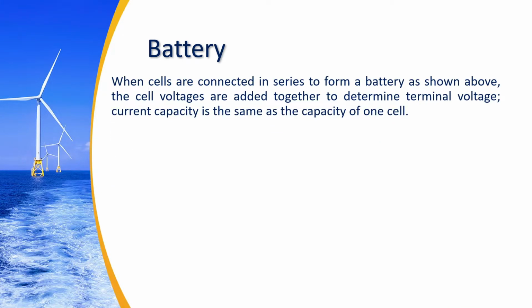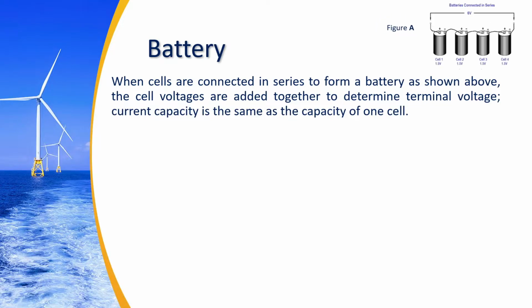So, when cells are connected in series to form a battery as shown above, the cell voltages are added together to determine terminal voltage. So, yung current capacity is the same as the capacity of one cell.